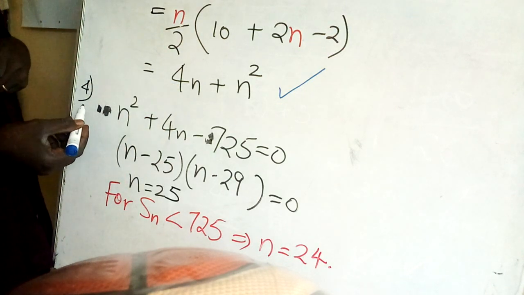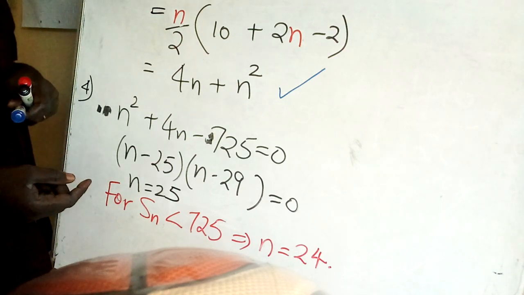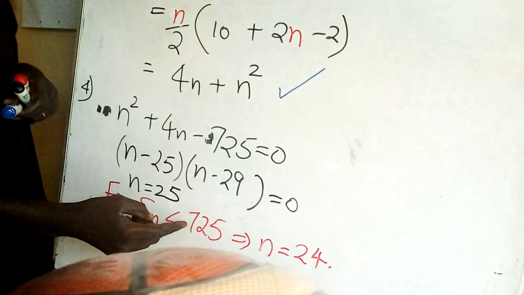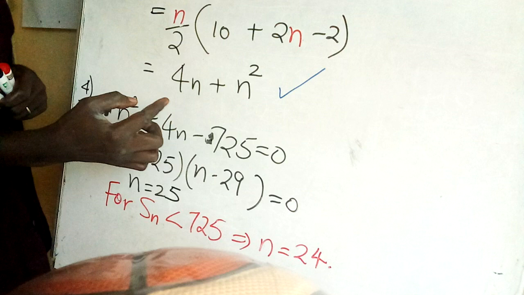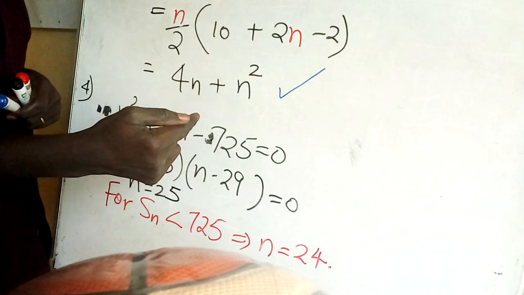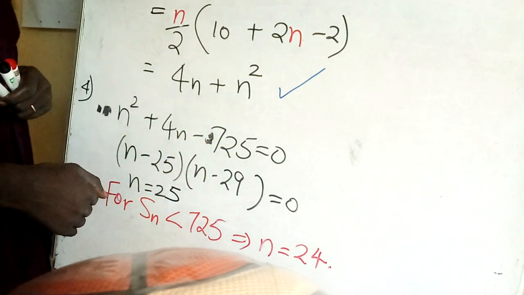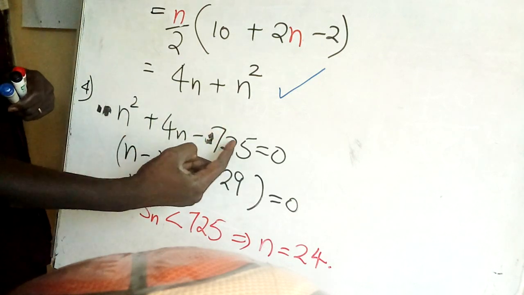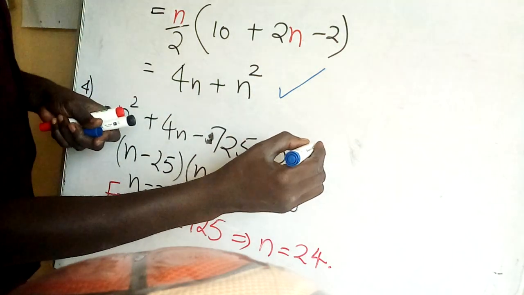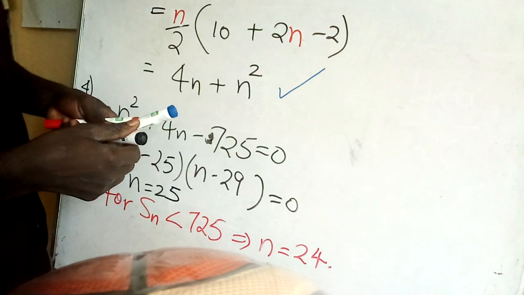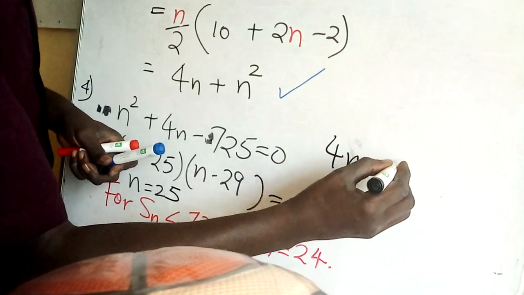Then we are asked to find the value of n such that the sum of n terms will be less than 725. So we kind of get the boundary. Where is it equal to 725? So that we can find the value of n giving a sum less. So it is as good as solving a quadratic equation coming from n squared plus 4n.